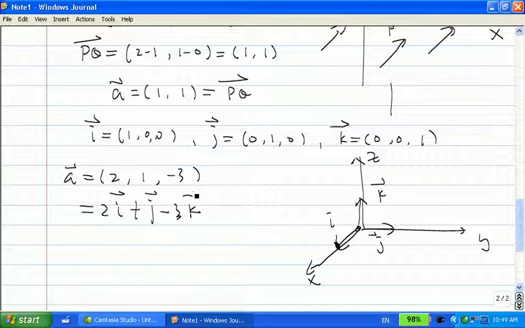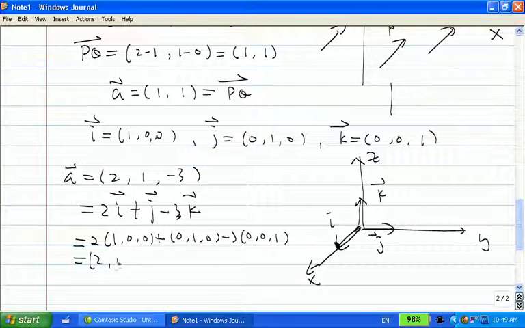They can be written this way because i is a vector, and a scalar times a vector means the scalar multiplies each component of the vector, right? j is (0, 1, 0), and the minus 3 times (0, 0, 1). So scalar multiply each of those.